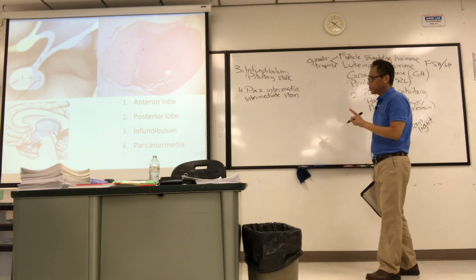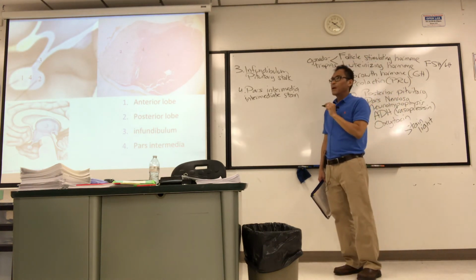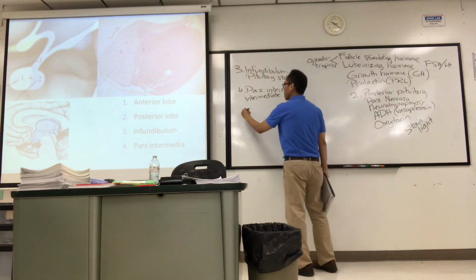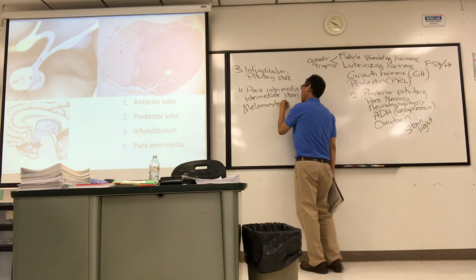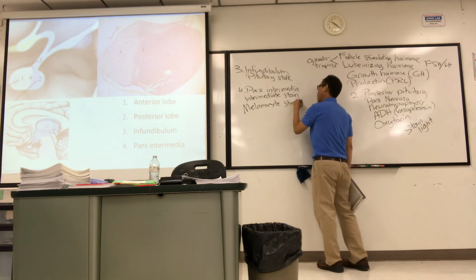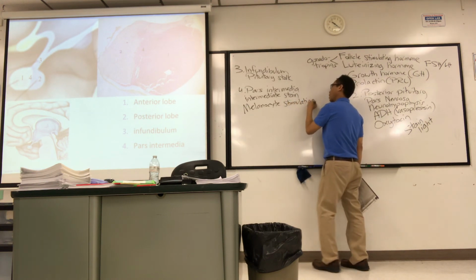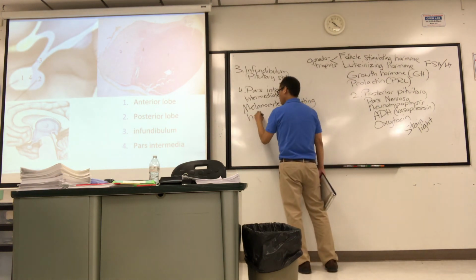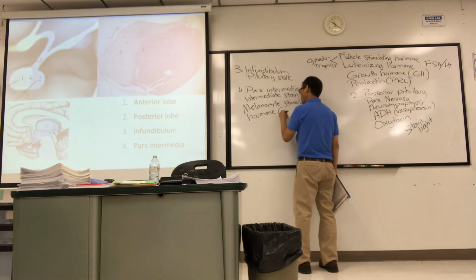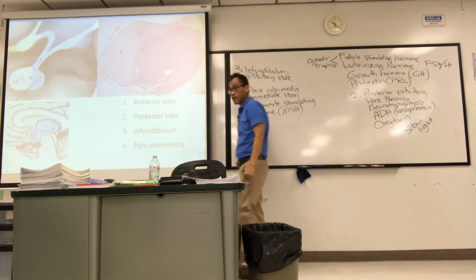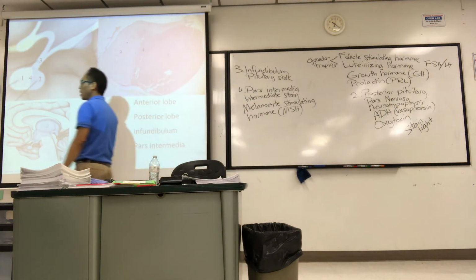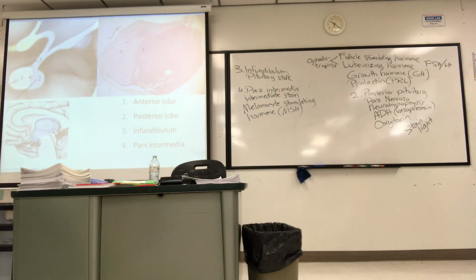Well, the one secretion that may come up is called melanocyte stimulating hormone, MSH. That's the hormone that stimulates the melanocytes in the integument, which helps give the skin UV protection, melanin.